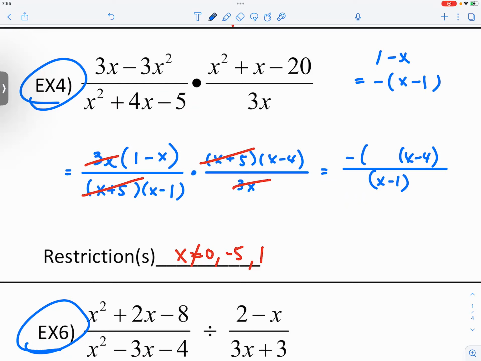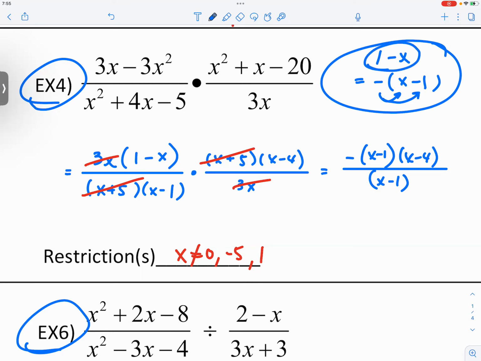So what we can do here is to factor out the negative. Now, this is very important. If you want to seek some validation, you can just go ahead and distribute the negative into the parentheses, and you will get exactly the same thing. That's why we put an equal sign right there.